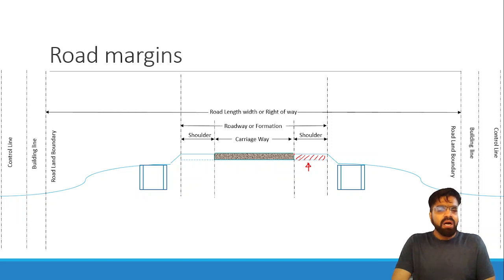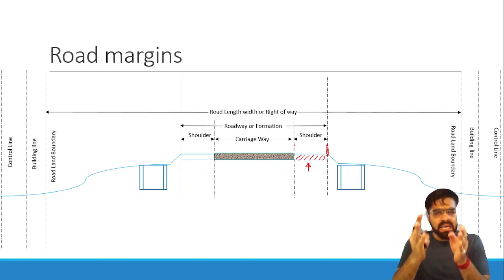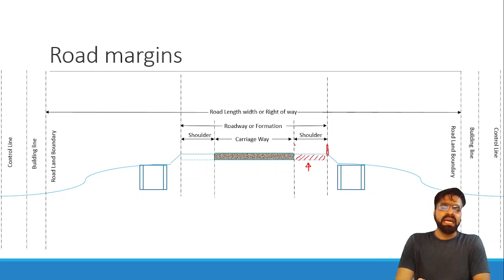Then why the rough surface? Why not a smooth surface? Because this will allow us to know where the road boundary is before actually going to the road boundary. If I am in a drowsy condition, a bit sleepy in the morning, and I am riding through this carriageway, and somehow I fall asleep, there is a shoulder which will give me a cushion.